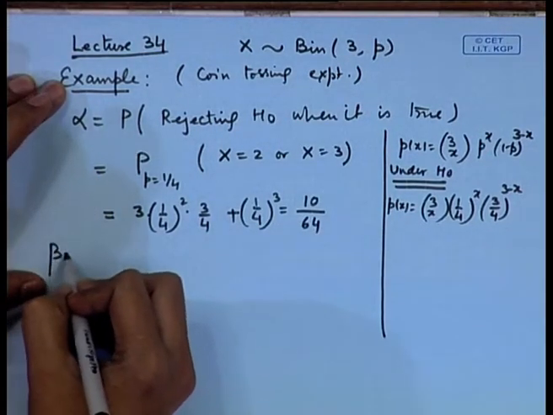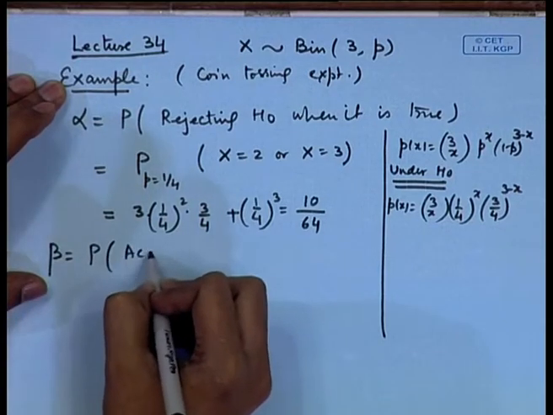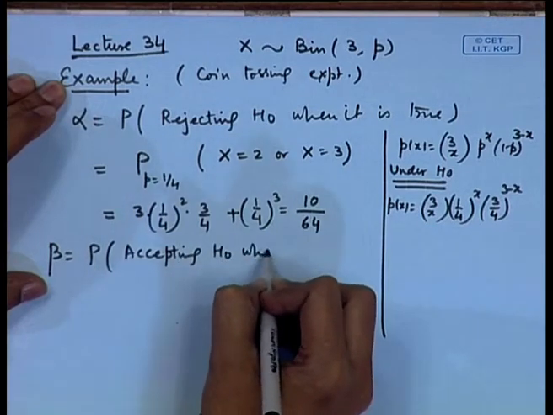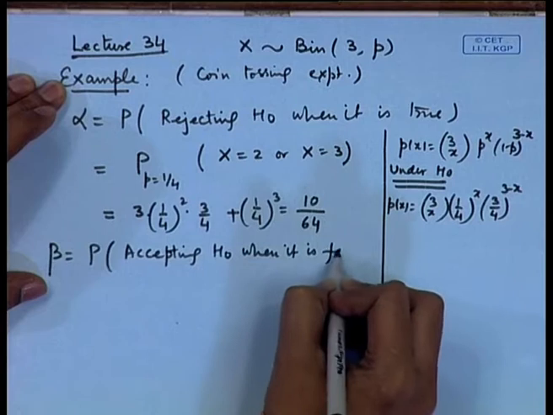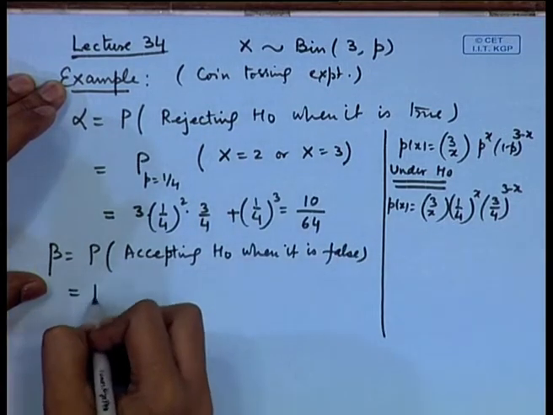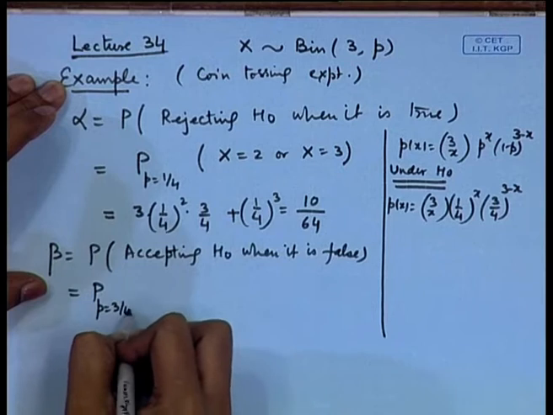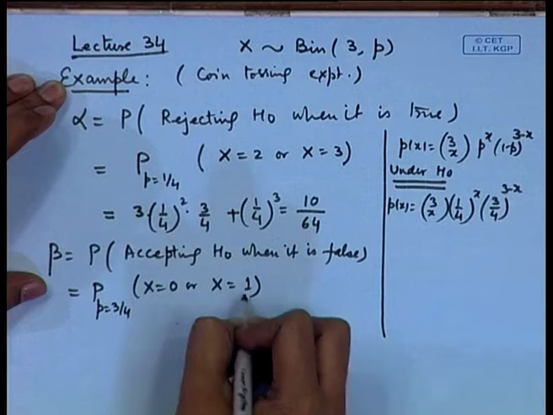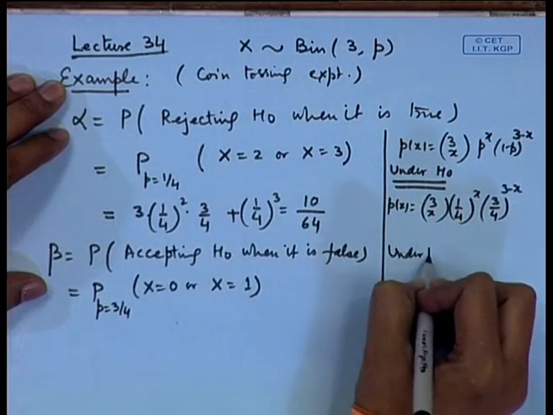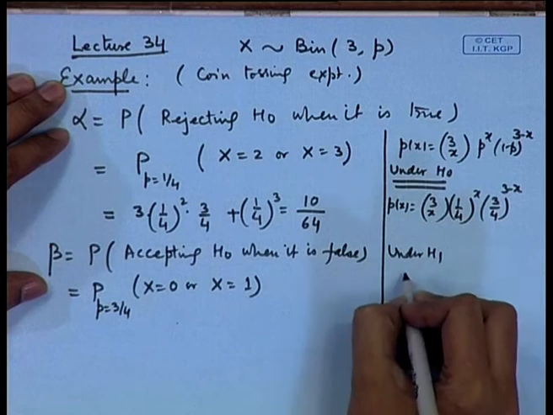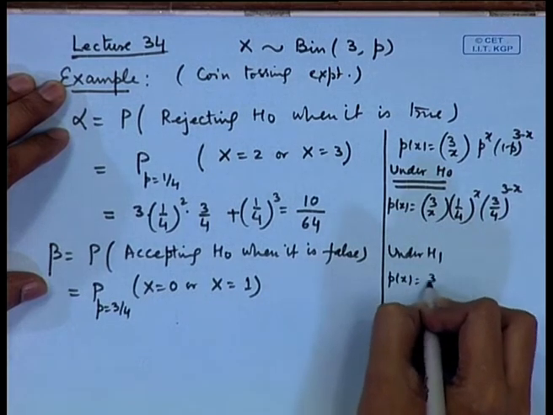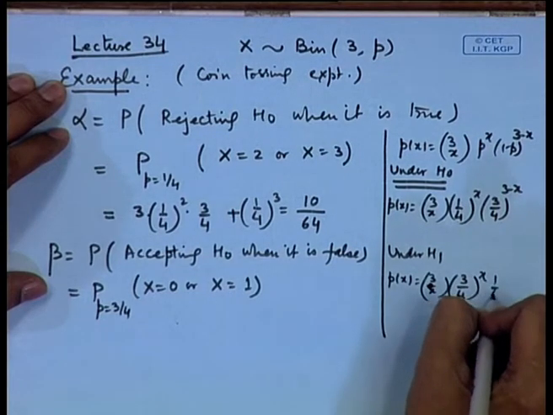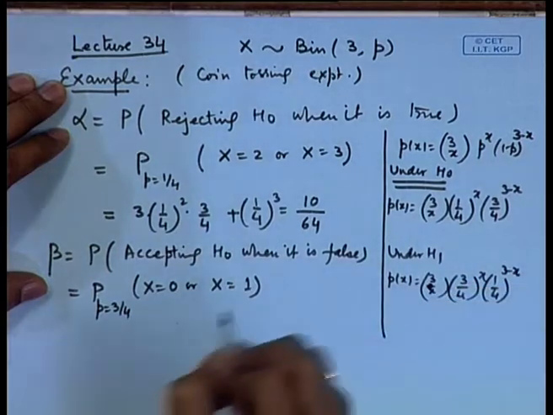Let us look at beta, that is the probability of accepting H naught when it is false, that is probability of x is equal to 0 or x is equal to 1 when p is equal to 3 by 4. Now, under H 1, that is when p is equal to 3 by 4, p x is 3 c x, 3 by 4 to the power x, 1 by 4 to the power 3 minus x.